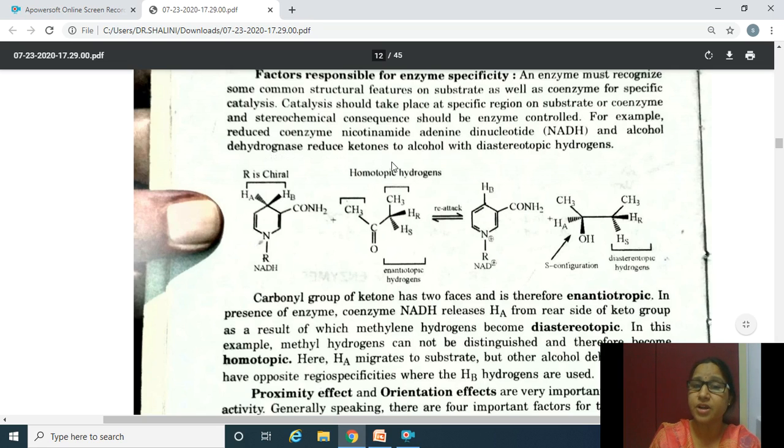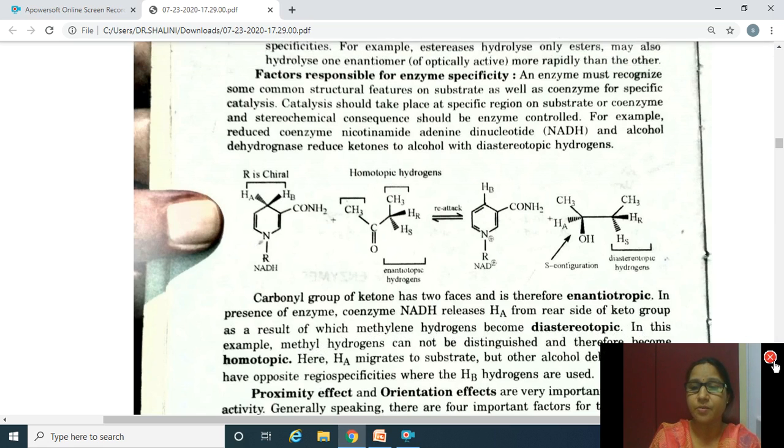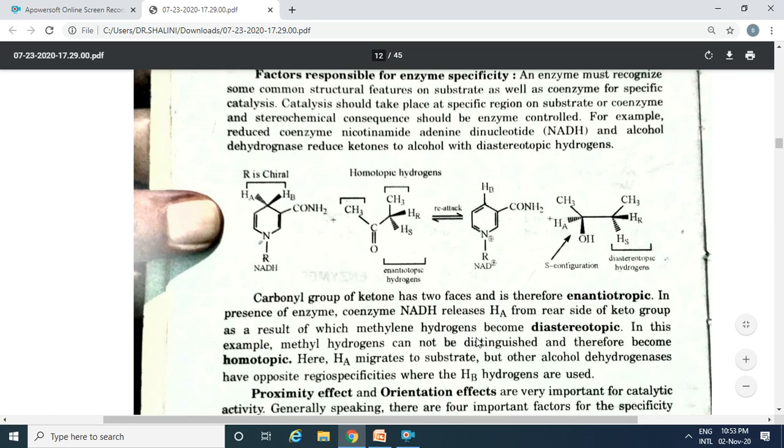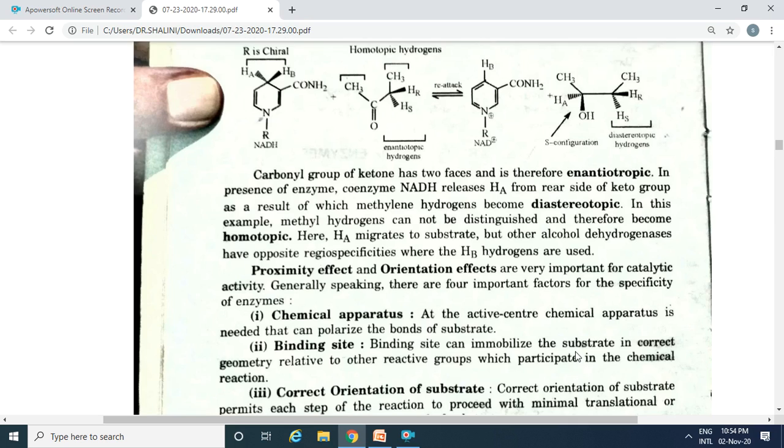It reduces the ketones to alcohol with diastereotopic hydrogens. The carbonyl group of the ketone has two faces and is therefore enantiotopic. In the presence of the enzyme, the coenzyme NADH releases HA from the rear side of the keto group, as a result of which the methyl hydrogens become diastereotopic. In this example, the methyl hydrogens cannot be distinguished and therefore become homotopic.